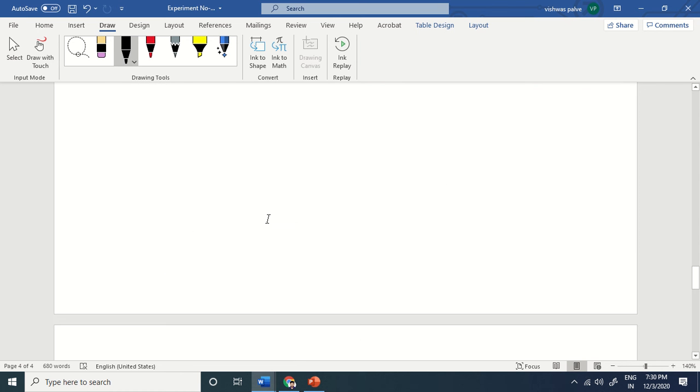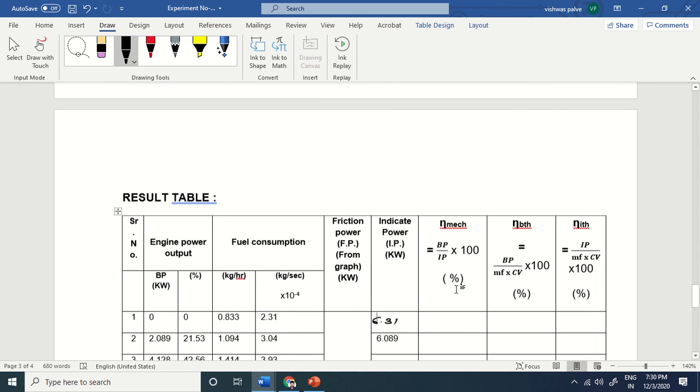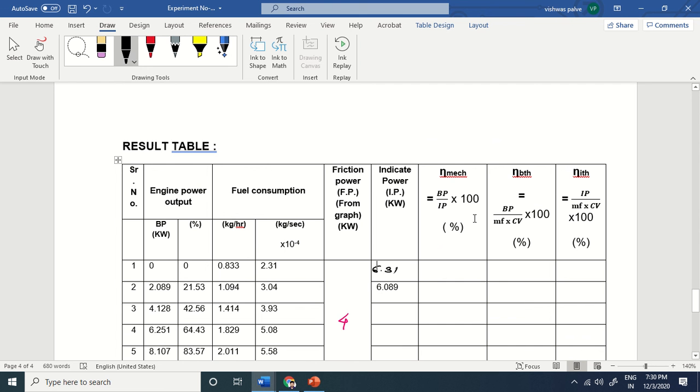Okay, so this was regarding the indicated power. Now the next term which we have to calculate is mechanical efficiency. The formula for mechanical efficiency is brake power upon indicated power. So from where will we get the brake power? For the first reading, brake power is 0 upon indicated power, so this term tends to infinity.